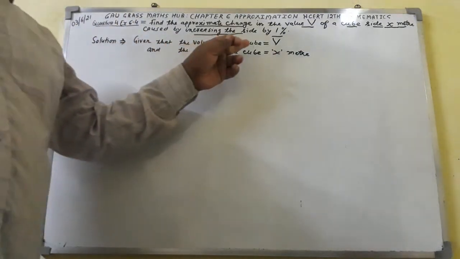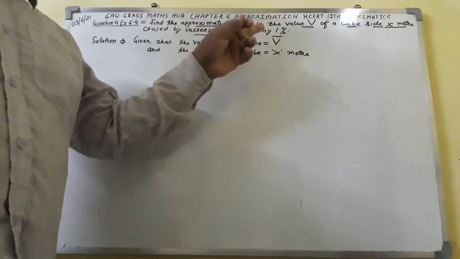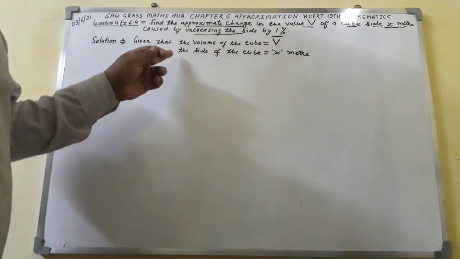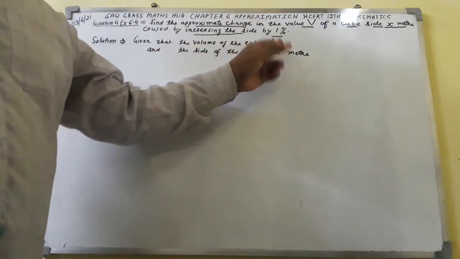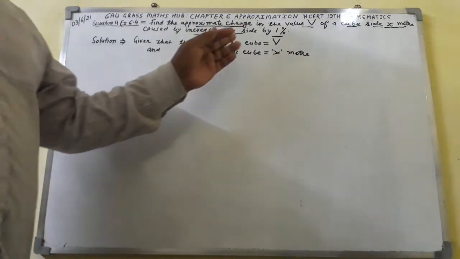Given that the volume of the cube is capital V and the side of the cube is x meter, so what to do here? Apply the formula.